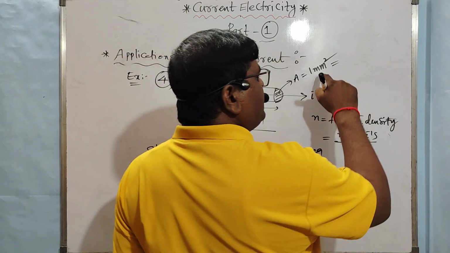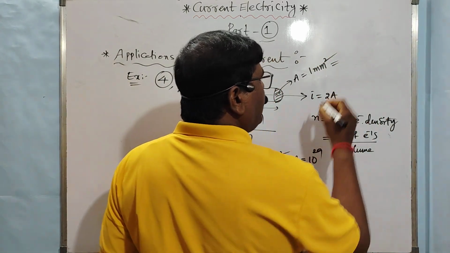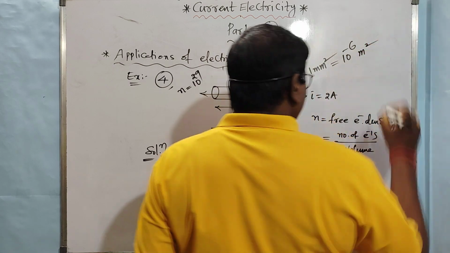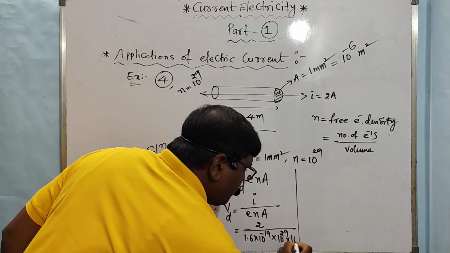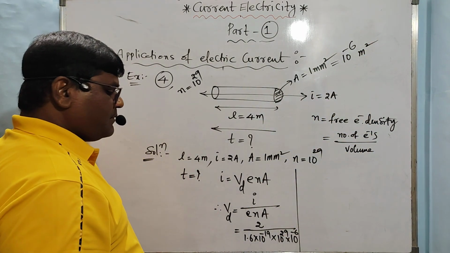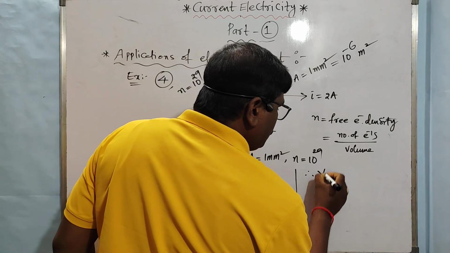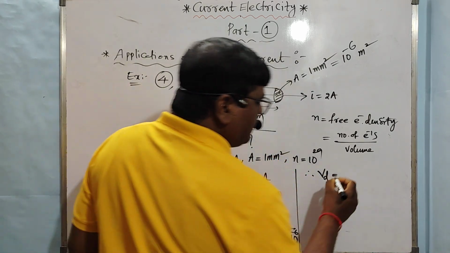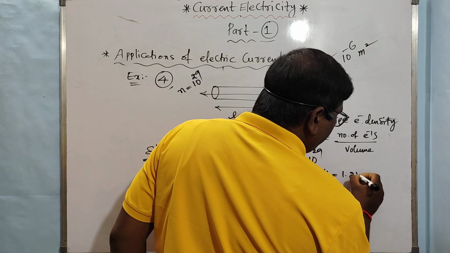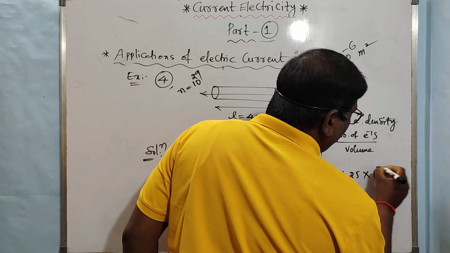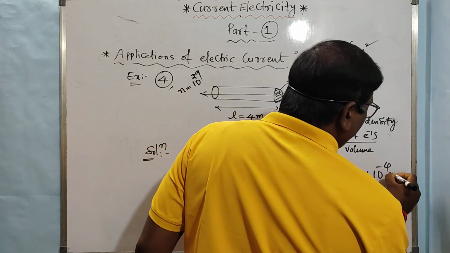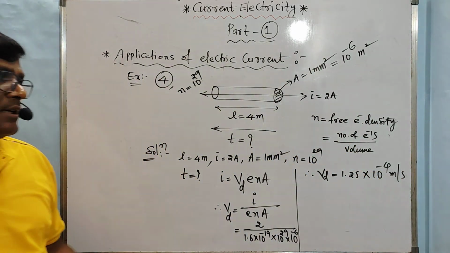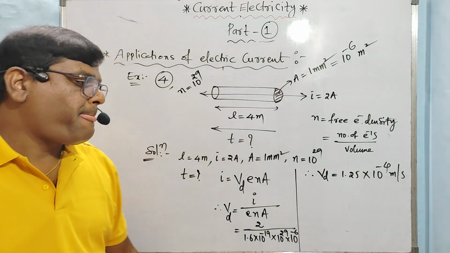The area 1 millimeter square has to be written in meter square, which is 10 to the power of minus 6 meter square. After the calculation, the final value of Vd is 1.25 into 10 to the power of minus 4 meter per second, the drift velocity of the electron in this conductor.